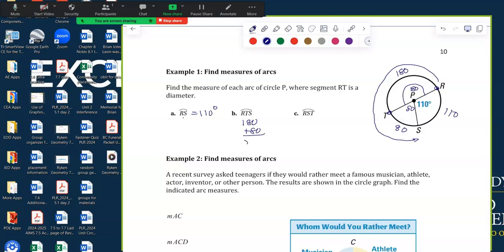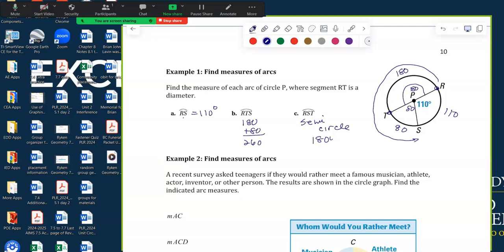So that's going to be what, 260. So that's a big number. That's a major arc, isn't it? Wait, did I do that correctly? Hold on a second. 180 plus 80. Yep. Okay, so it's going to be 260. So then the next one, RST, that is going to be what? It's going to be a semicircle.